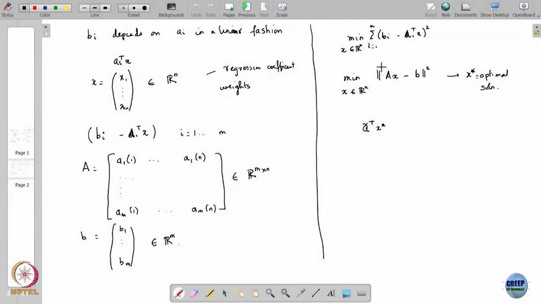So instead of the Euclidean norm, take a different norm. For example, you can take an LP norm. Now, instead of power 2, you can raise all of these to some power p. This is the LP norm.